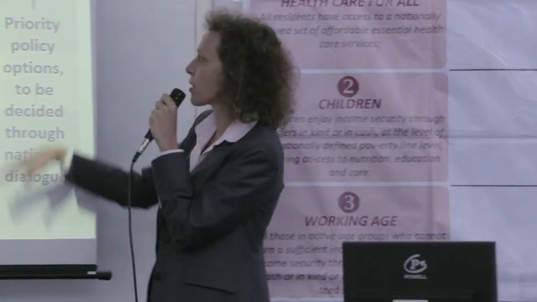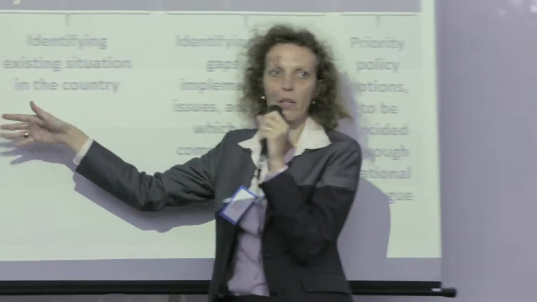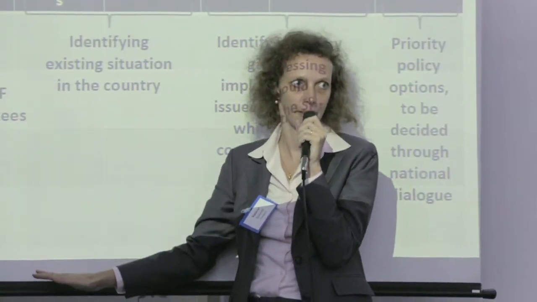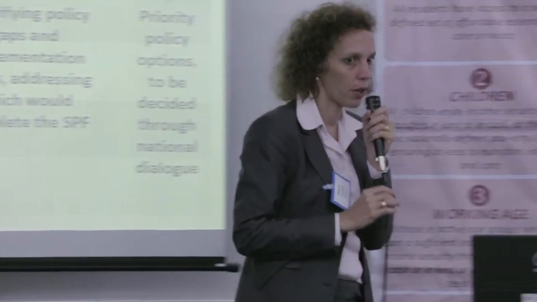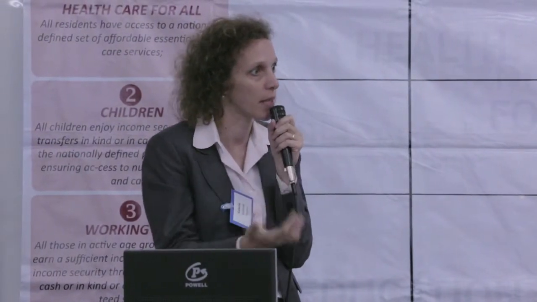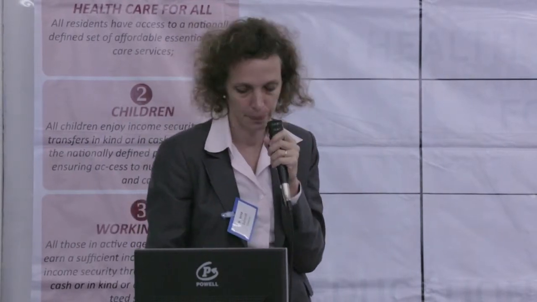So we do that for health, for children, for the working age and the elderly. As you can see, if you have a lot of actors involved, this cannot be done by bilateral consultation. It has to be done in workshops, like we do today, with many people.